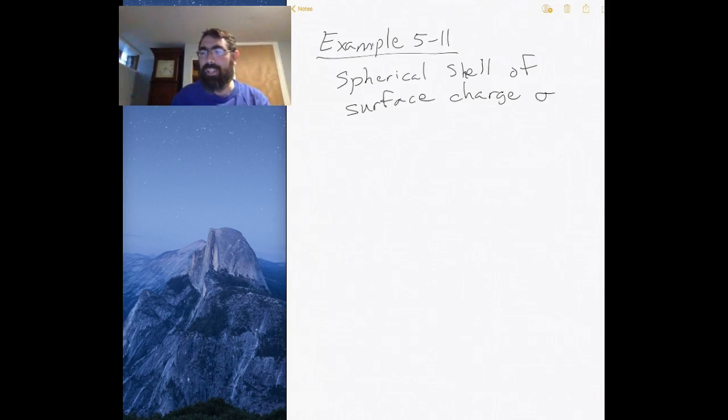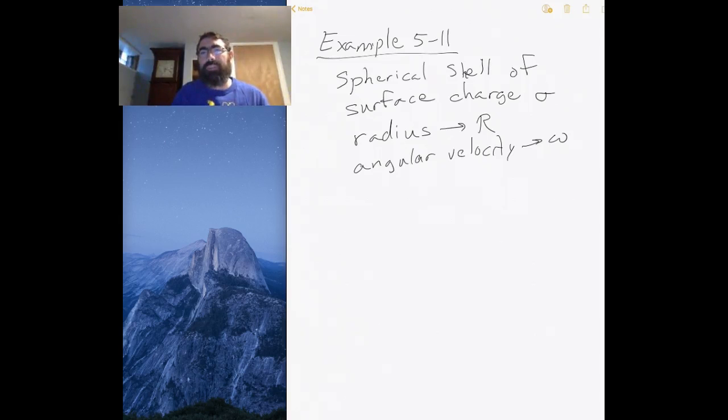The shell has a radius capital R, and it's rotating with an angular velocity omega. So that's what's going to give us the magnetic phenomenon: once we start rotating this charged sphere, the moving charge is going to create magnetic fields. And from that, we can figure out what the magnetic potential should be.